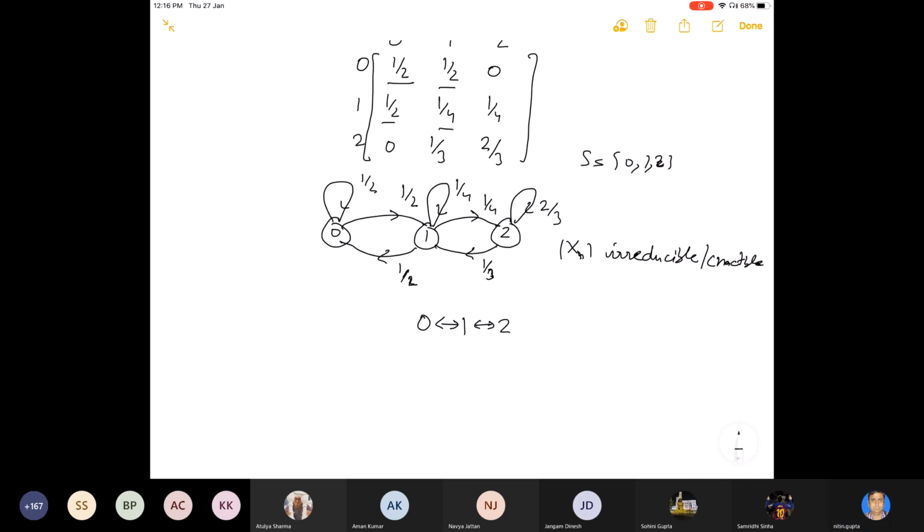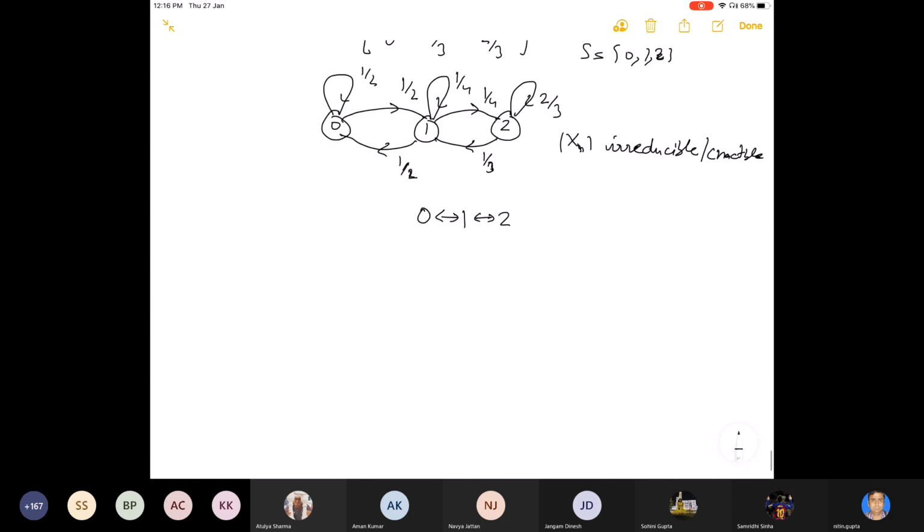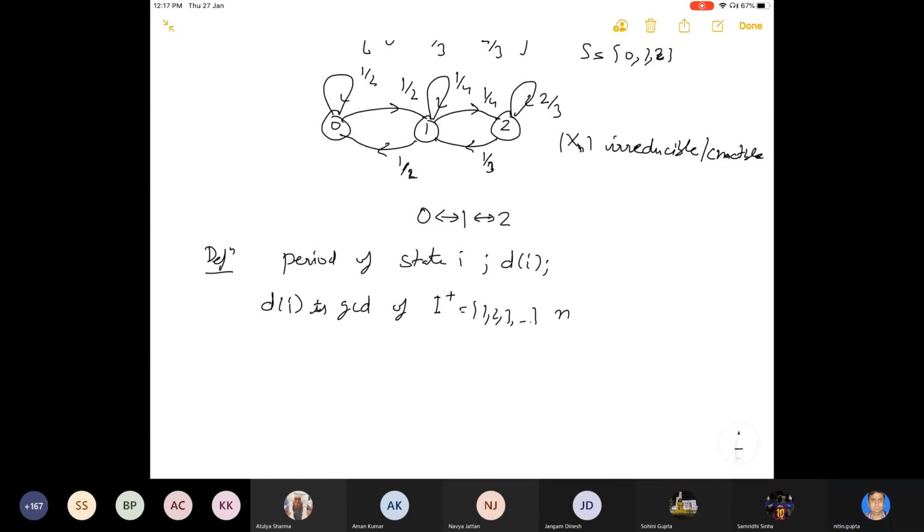Okay, so now the period of a state. We can denote this by d_i. The period of state i is the greatest common divisor of positive integers n such that p_ii^(n) is greater than 0.